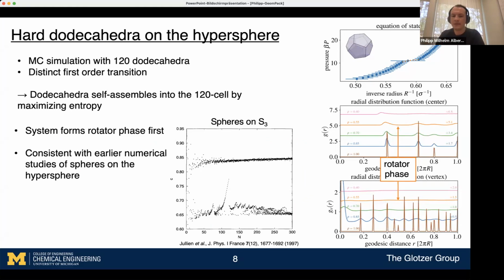And this is also in accordance with earlier studies in the 90s by Sadoc and Mosseri, who looked at numerical studies on spheres on S3. There they also saw that the ideal packing for spheres is around 120, and because the dodecahedron is also very sphere-like, this 120 cell is also entropically favored.